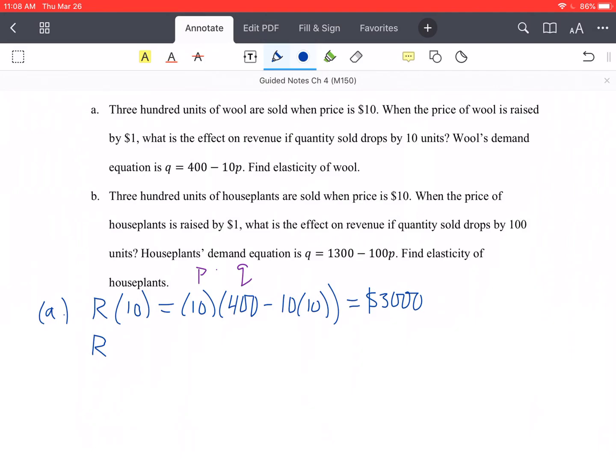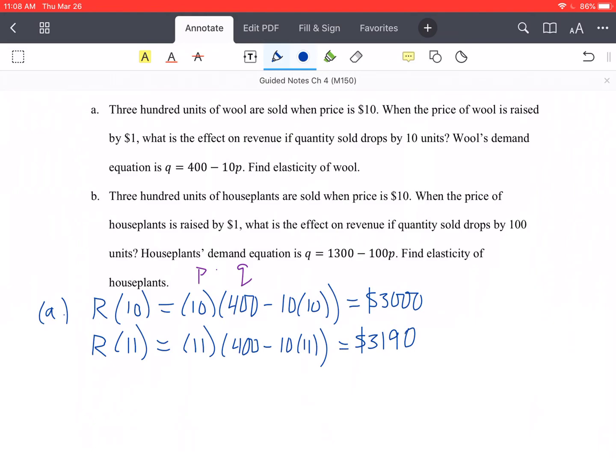If we raise the price of wool by $1, in this case we're going to get 11 times (400 minus 10 times 11). So 11 times, let's see, that's 400 minus 110, so that's times 290. So this equals 3190.